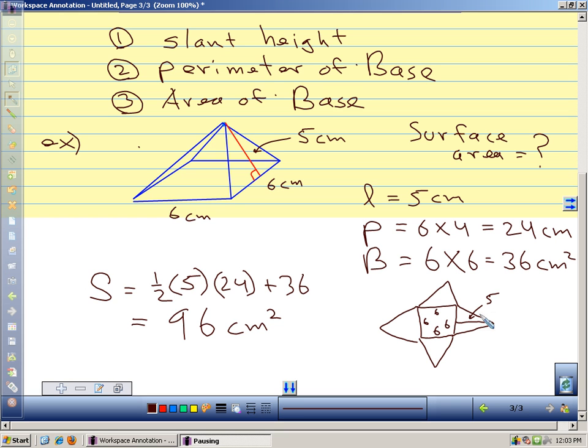So we could draw our net and add up the areas of all the pieces, and we should end up with the same answer. So with pyramids, if you can't remember the formula or aren't sure how to work it, you can always draw a net and calculate it that way. You can do that with any of the shapes. Pyramids are nice because they're easy to make nets for. All right, let's talk about our volume formula.